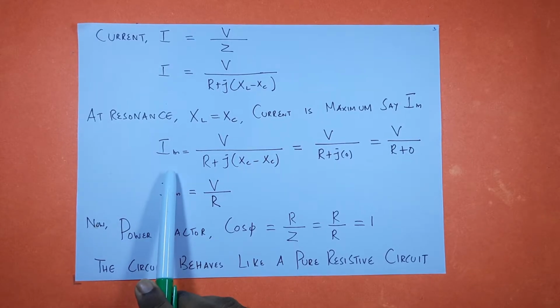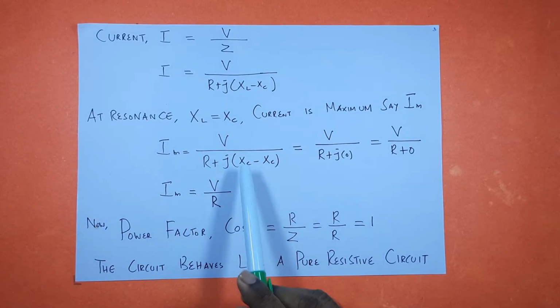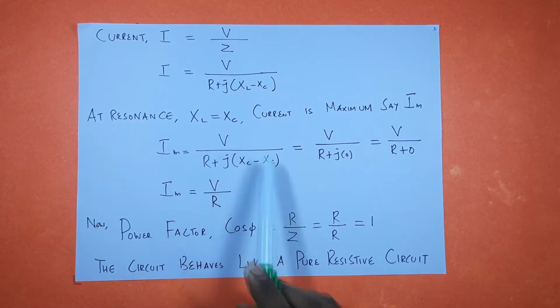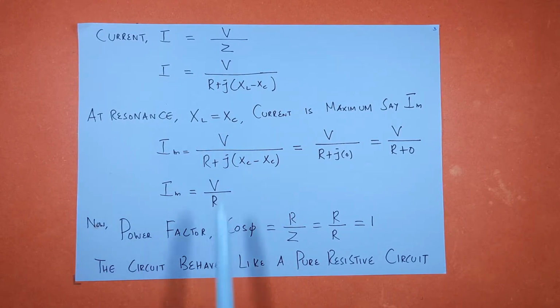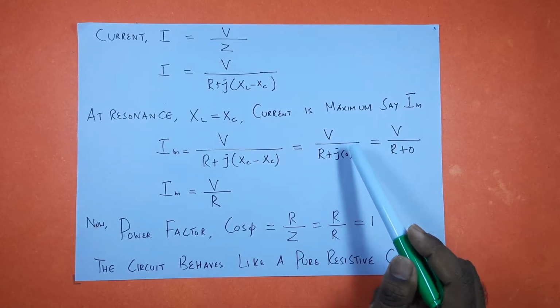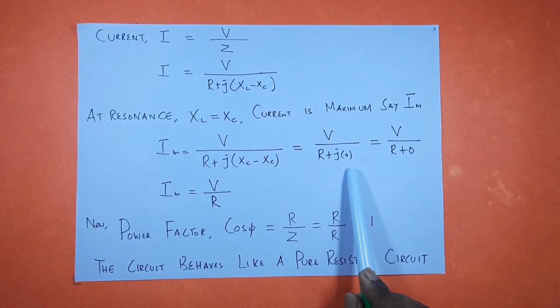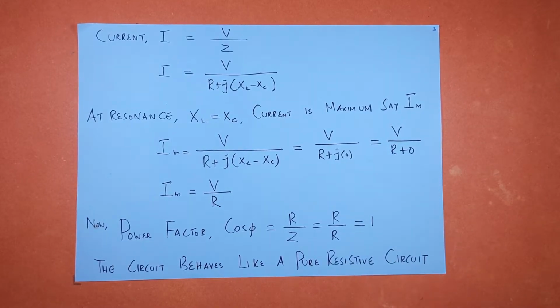So, IM equals V divided by R plus j of (XC minus XC), equals V divided by R plus j into 0, equals V divided by R plus 0. So, IM equals V divided by R. The circuit behaves like a pure resistive circuit.